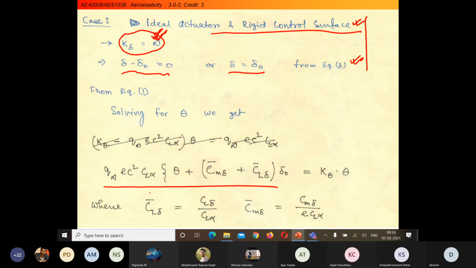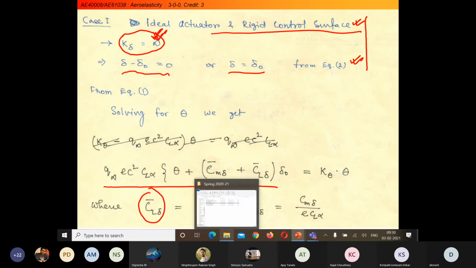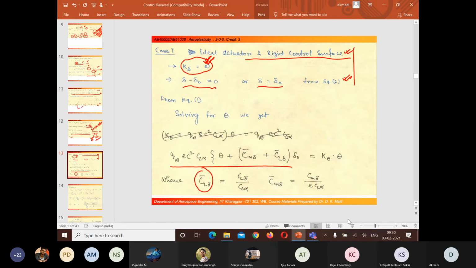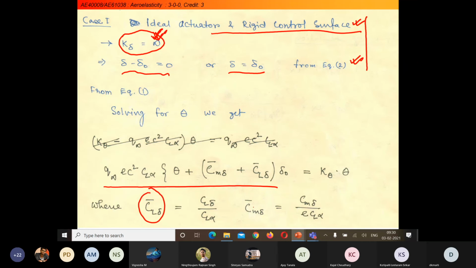One parameter is CL delta bar, that is nothing but CL delta by CL alpha, and then another non-dimensional term, that is CM delta bar, equal to CM delta by e CL alpha.